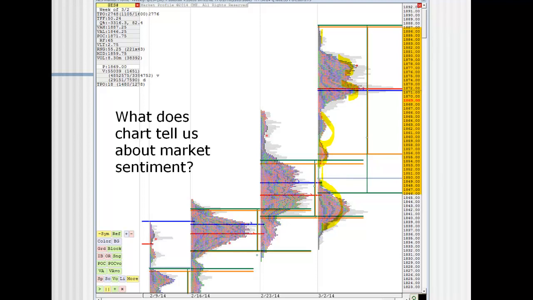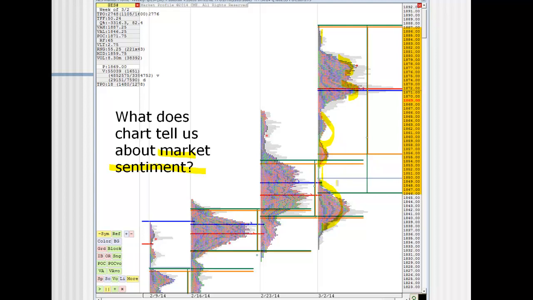Obviously, it pushed prices higher, and this activity higher yet, and this activity again higher and higher. So just by looking at this profile, you should know right away that the market sentiment in the market is very bullish. That's from studying the profile and the development of the profile. This is a very bullish looking profile.